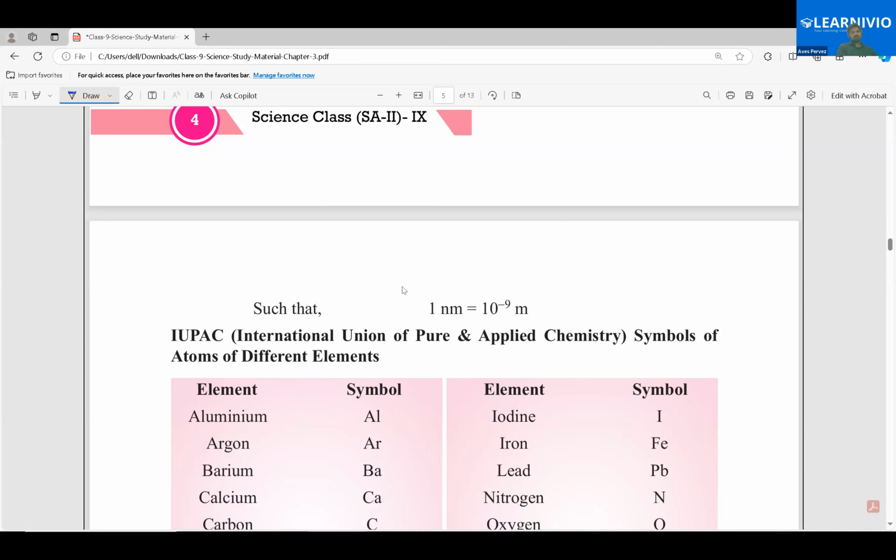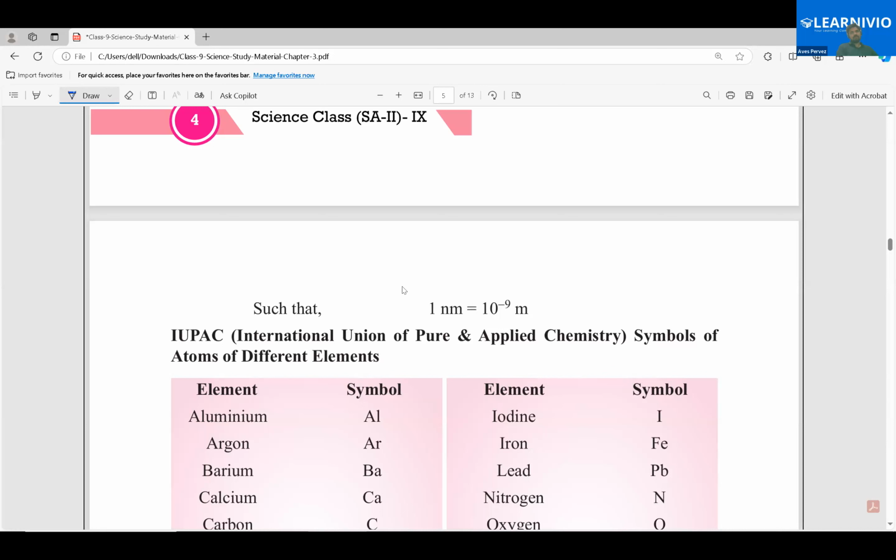Yes, you, Heather. Okay, sir. All matter is made up of very tiny particles called atoms. Atoms are indivisible particles which can't be created or destroyed in a chemical reaction. Atoms of an element have the same chemical properties.